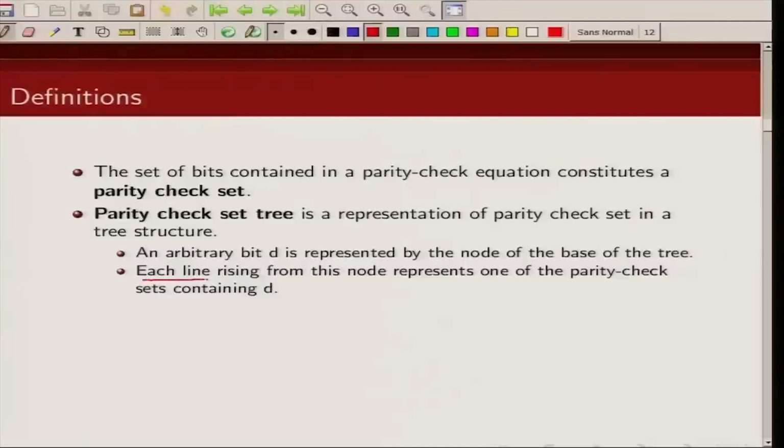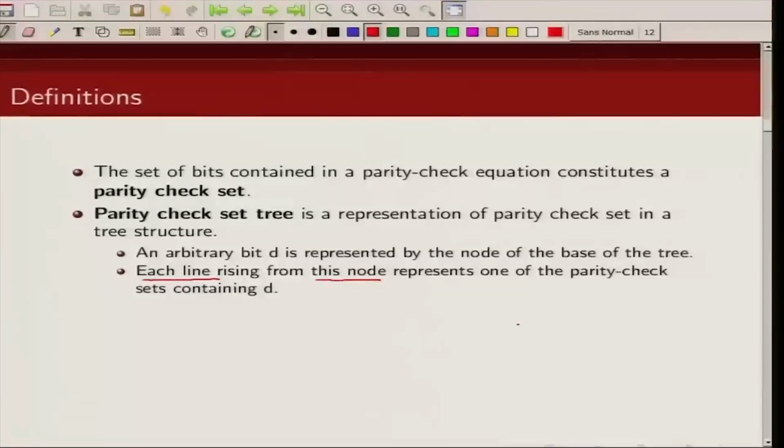There is a line arising from this node and each of these lines represents one parity check equation where this particular bit is participating, or one of the parity check sets where this node is participating.